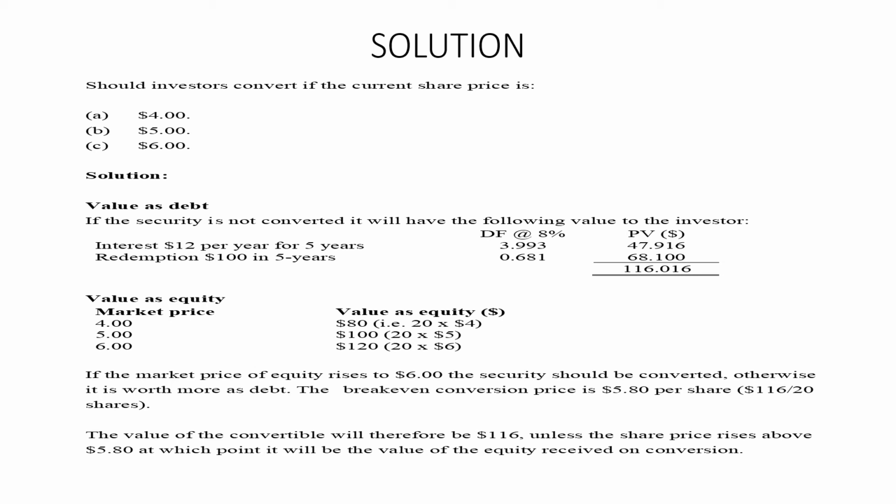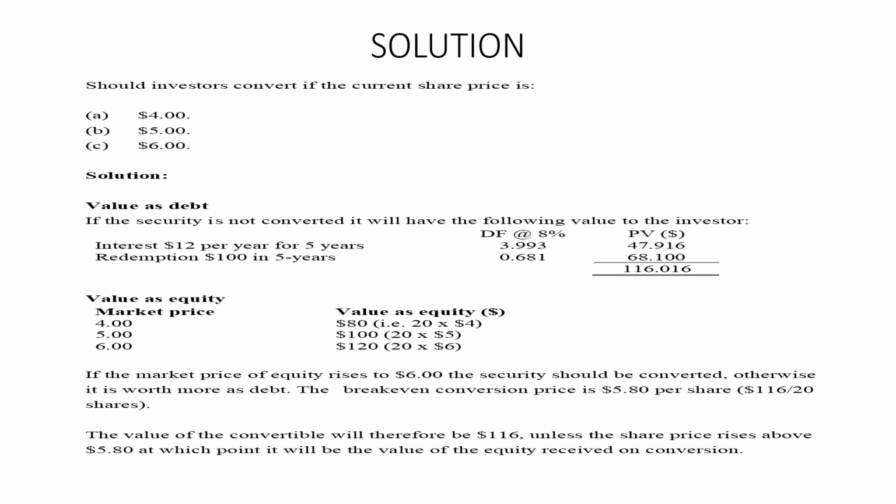So we will use the same formula which we have used for redemption of a debt instrument. In this case, this bond will provide 8% return per annum, and after that it will be redeemed at $100.